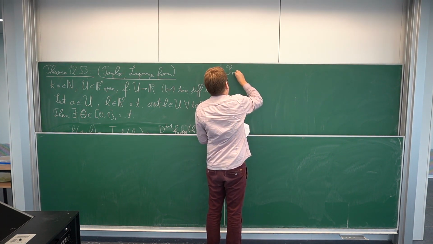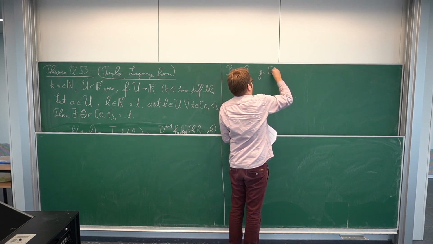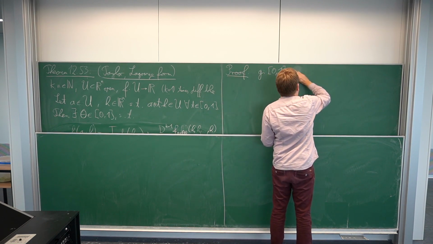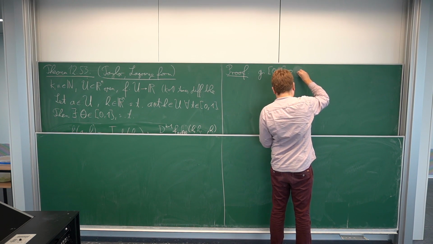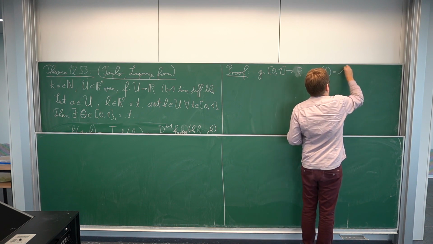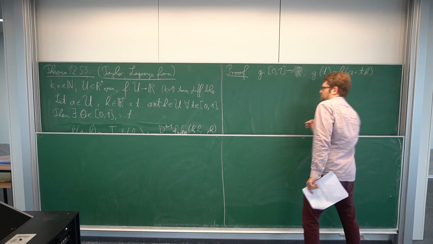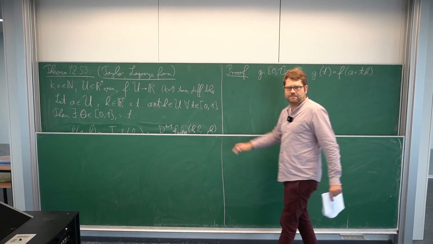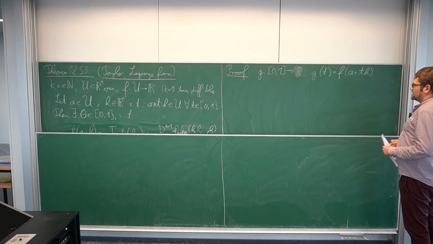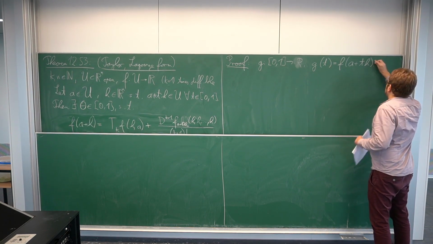The idea is simple: we take g from [0,1] to R, where g of t is just supposed to be f of a plus t h. This is well defined because we've made this assumption here. So we just want to study this one and then apply Taylor's theorem for the single variable case.